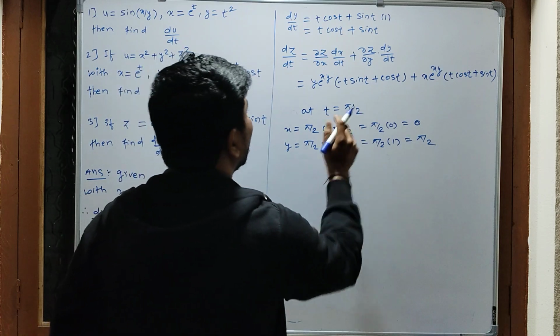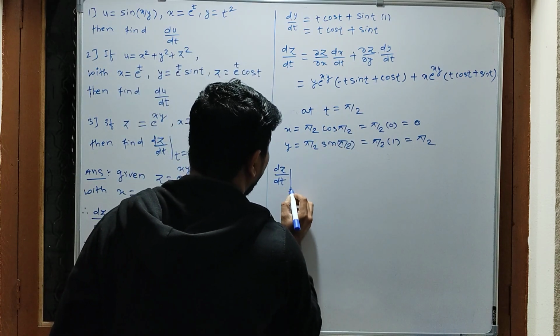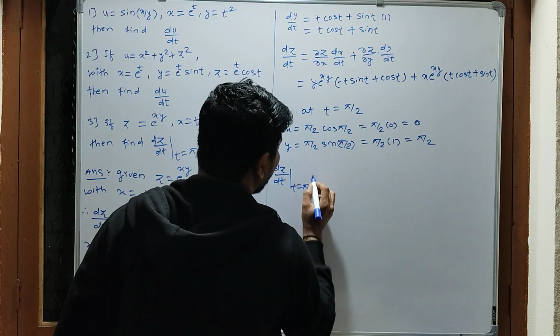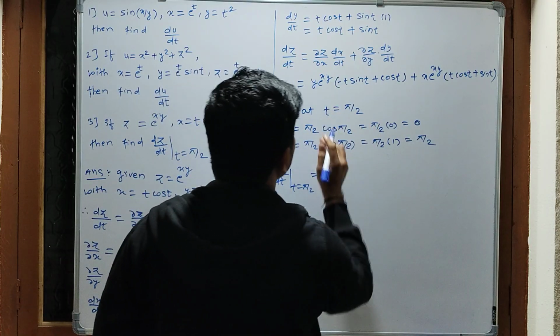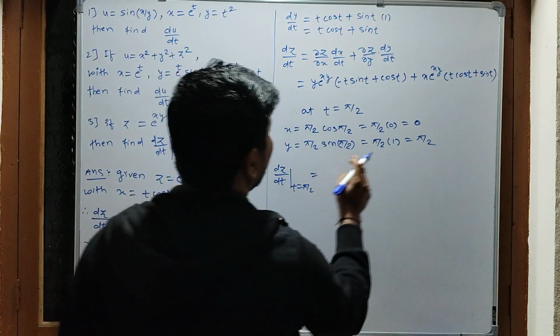So at t equal to pi by 2, therefore dz/dt at t equal to pi by 2: x is 0 and y is pi by 2.